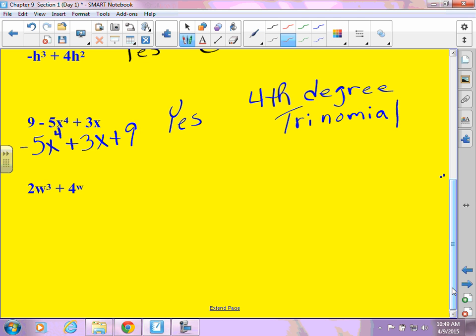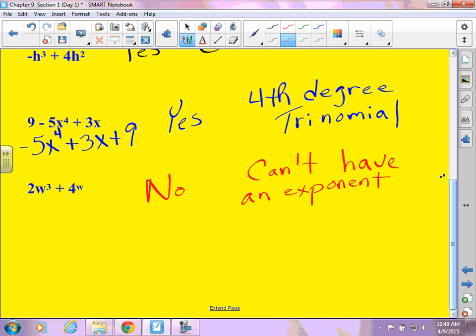Okay. So it's pretty much a polynomial as far as we're concerned, but it can't do what? The exponents can't be a negative, and they can't be a variable. They cannot. All right. Otherwise, it's naming it.